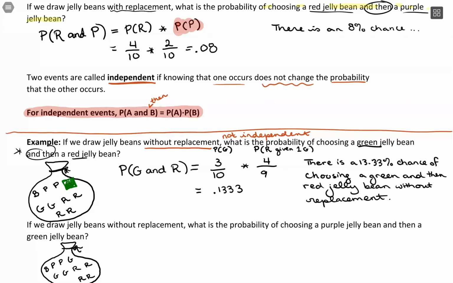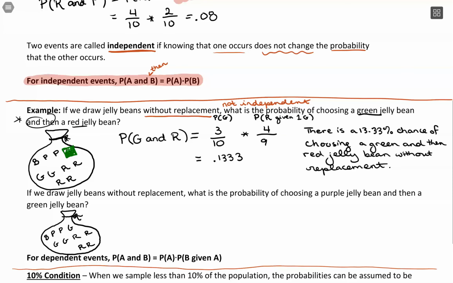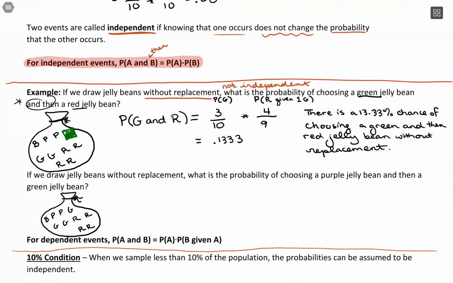All right. So let's look at one more here. We're going to draw jelly beans without replacement, so it's not independent. And we're going to look at the probability of choosing a purple jelly bean and then a green jelly bean. So again, I'm going to think of probability of purple, and then we're going to multiply with the probability of green given we've taken out 1 purple.